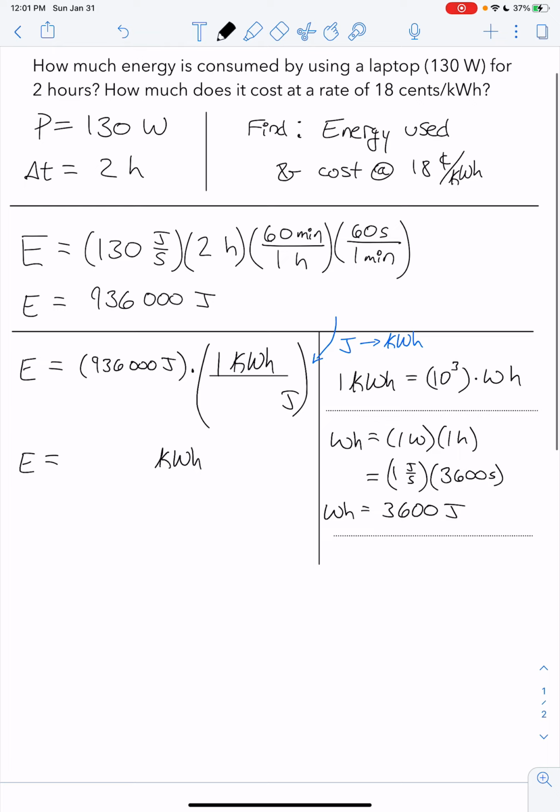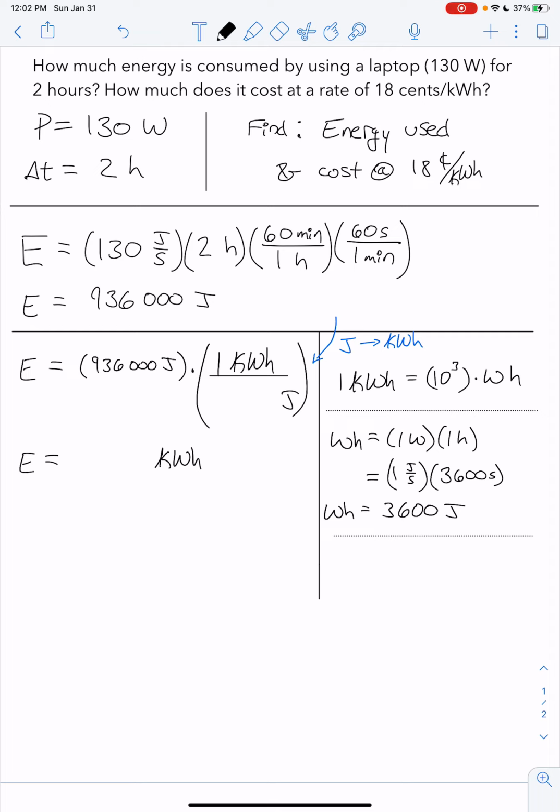So when we're dealing with consumer devices, and even more so the energy consumed by a household, these get to be pretty big numbers.